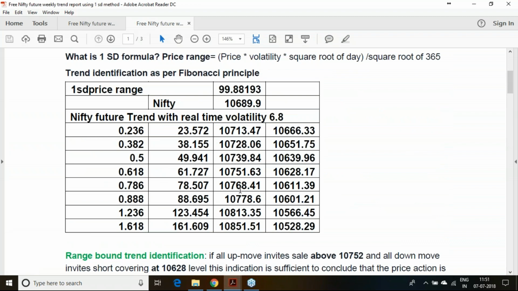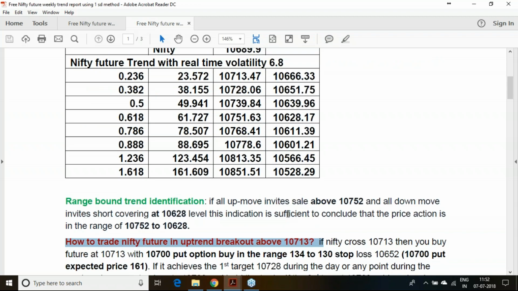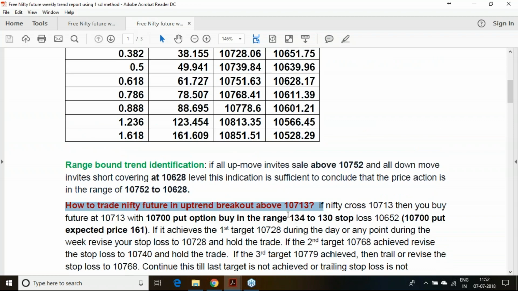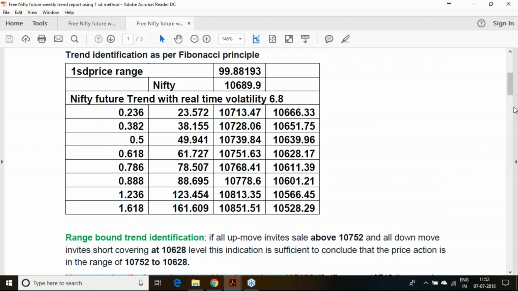Once you look into this table, you have a couple of calculations: one on the uptrend side, another on the downtrend side. The initial breakout is very important. On Monday, once the market opens, watch where it gives you the breakout. Once that breakout happens in the upside or downside direction, you need to take a call. That is how you should trade best.